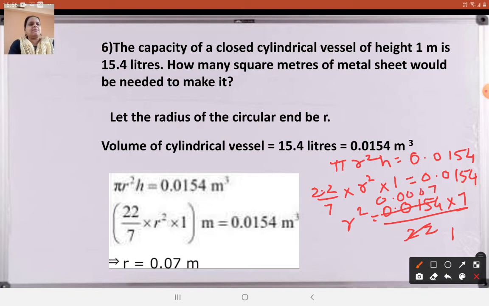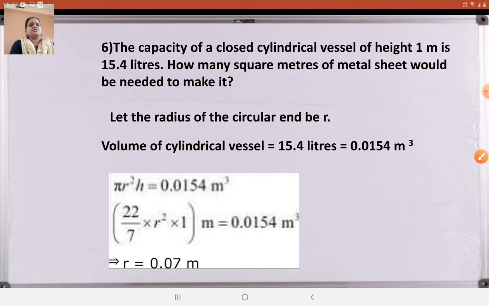Then if you multiply, you will get r square equal to 0.0049. And when you take the square root, it will become 0.07. With the calculation I have shown, you can write the answer as the solution. So we got the r value as 0.07 meter.